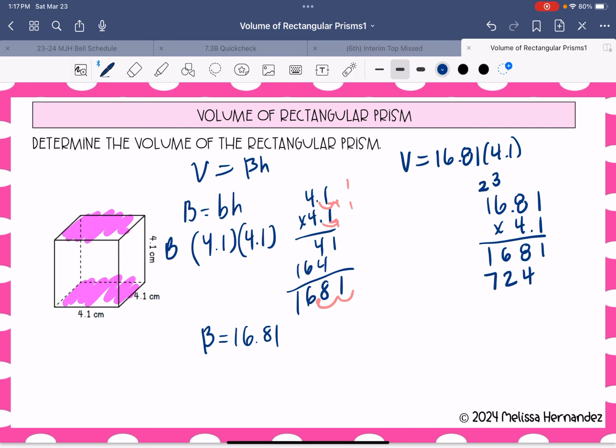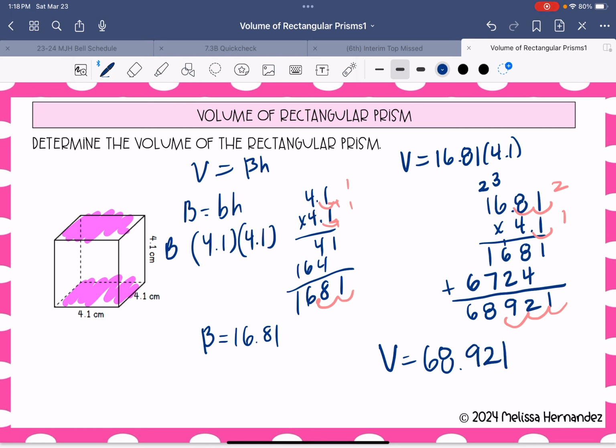Carry the 2. 4 times 1 is 4, plus 2 is 6. Okay, so we're going to count our decimal places. That's 2, and that's 1, so that means I need 3. So the volume would be 68.921, or 68 and 921 thousandths, centimeters cubed.